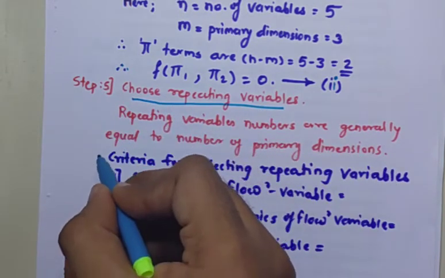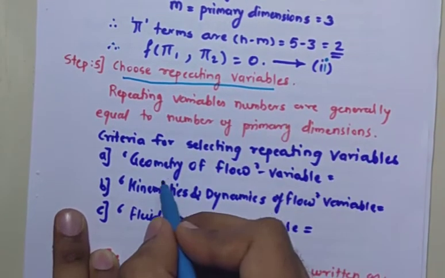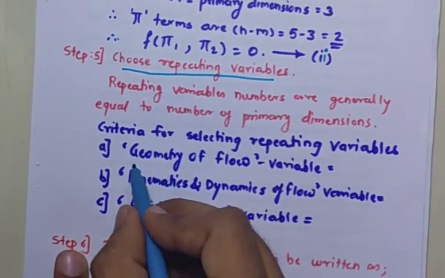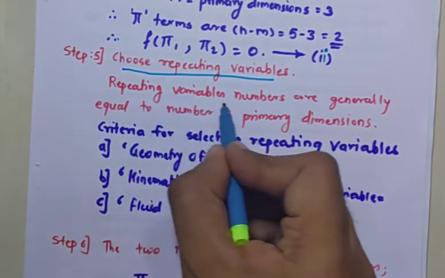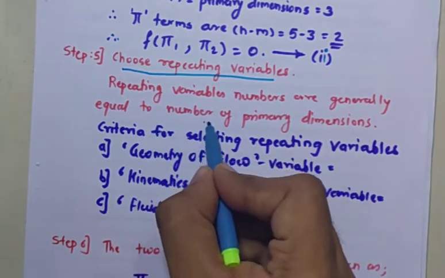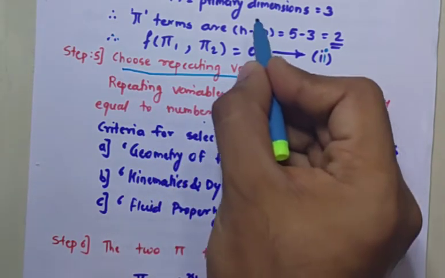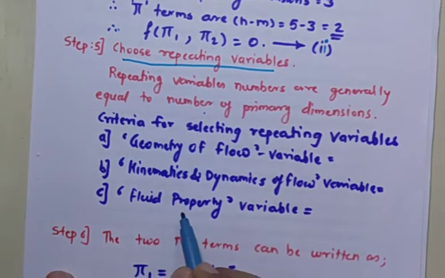There is a criterion to choose the repeating variables in Buckingham Pi theorem. Remember this also, the number of repeating variables is generally equal to the number of primary dimensions. Here primary dimensions are 3, so 3 repeating variables we are going to choose.